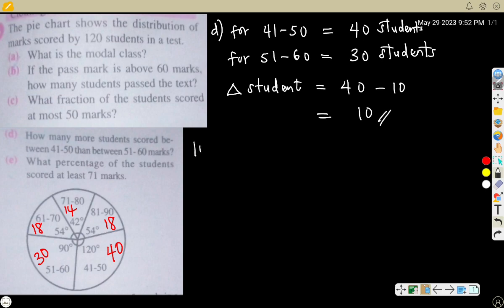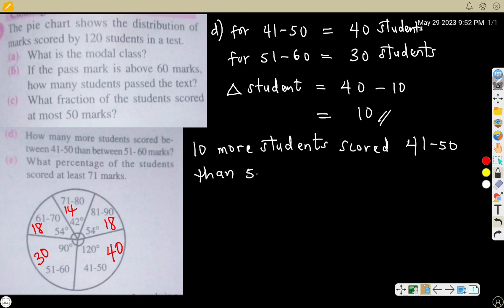So that means 10 more students scored between 41 to 50 than 51 to 60. So how many more students scored between 41 to 50 than 51 to 60?